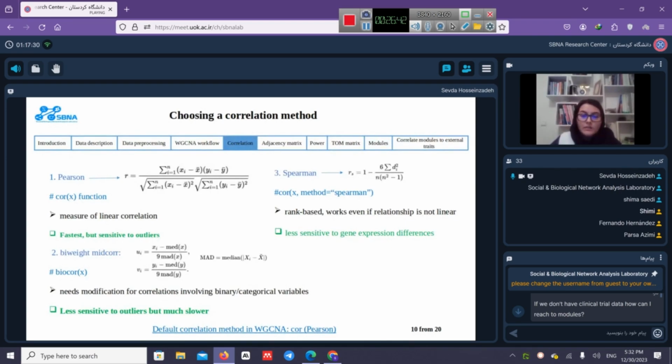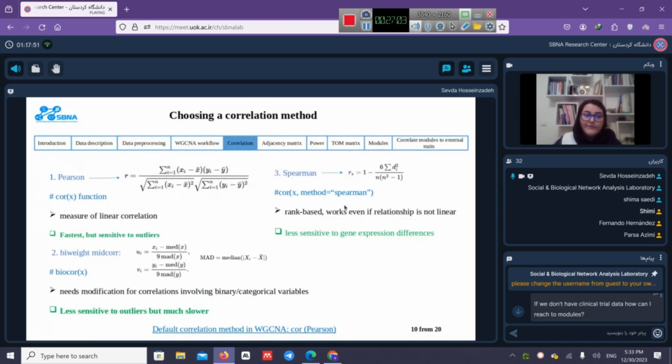And the other one is the Spearman method. The Spearman method is suitable for binary data or categorical data, and it is rank based and less sensitive to gene expression differences. Therefore, it is not suitable for the WGCNA package.